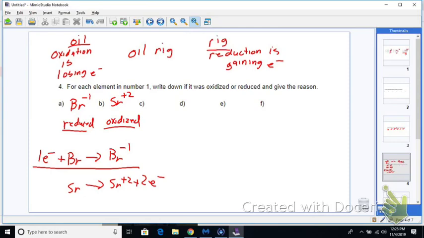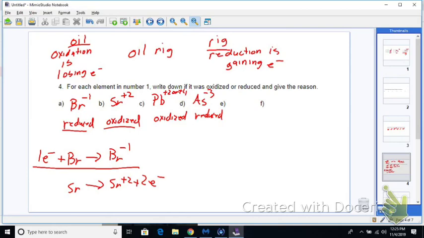Okay? So lead was oxidized. Okay, arsenic was reduced. So I just want to show a bunch of examples of these.